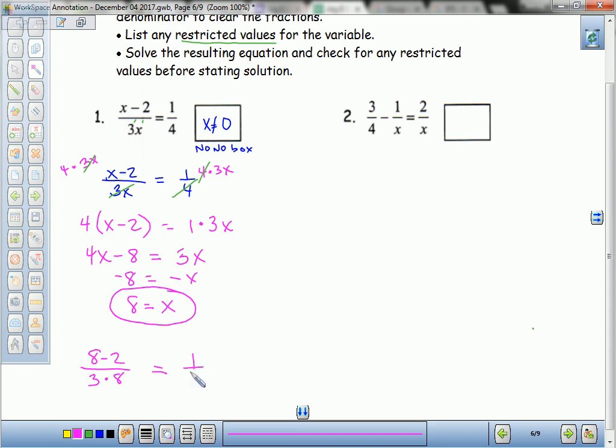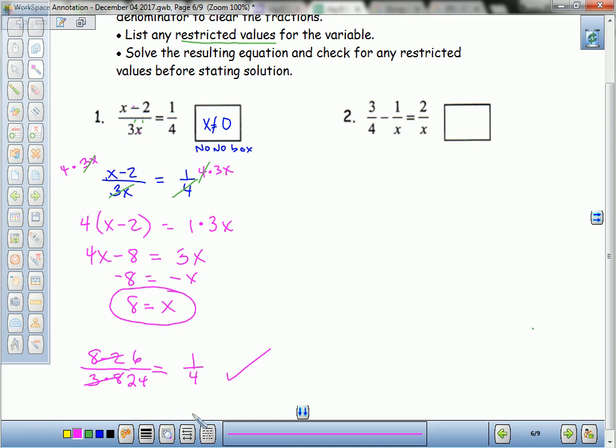Does that equal 1/4? Well, 8 minus 2 is 6, and 3 times 8 is 24. Does 6 over 24 reduce to 1/4? Yes. 6 over 24 does reduce to 1/4.